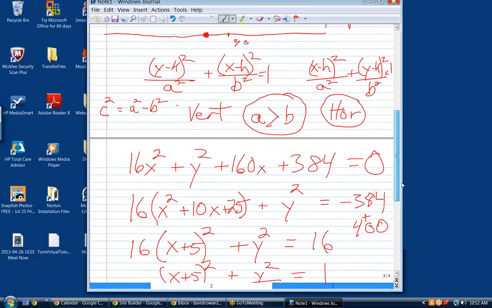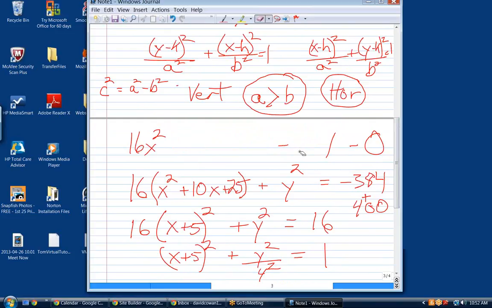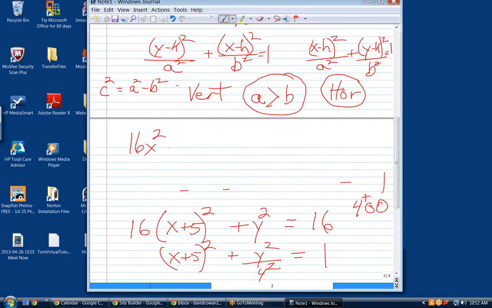All right, so we do another one similar to it. 16x squared plus 32y squared plus 64x minus 256y plus 64.